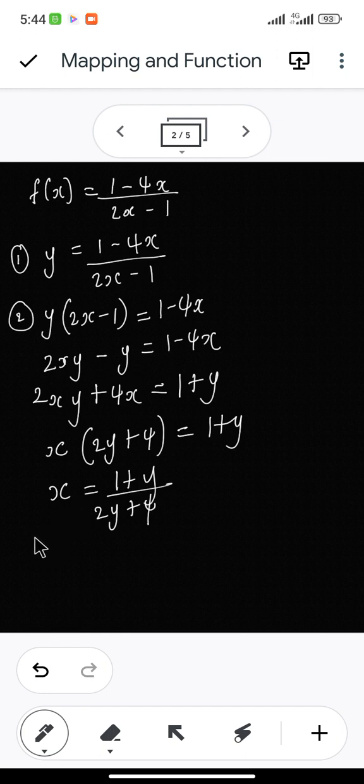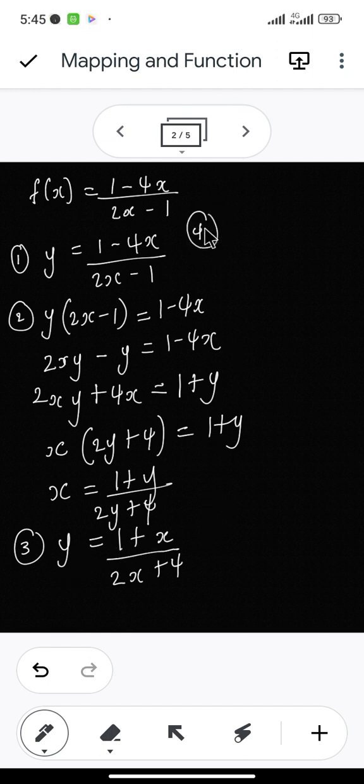Now our step 3 is to replace x with y and y with x. So y now is equal to 1 plus x over 2x plus 4. Anywhere you see x, you make it y. Now your final step, step 4, is to replace y with f inverse.